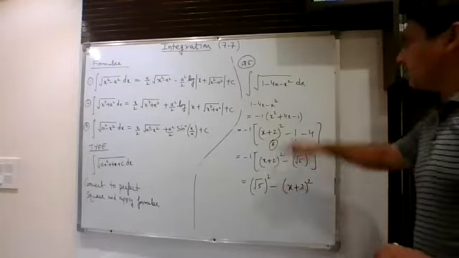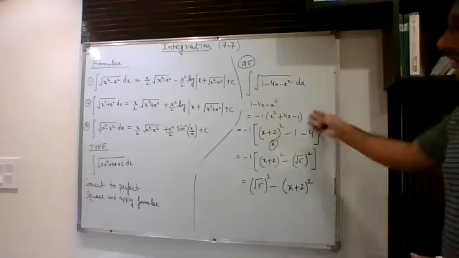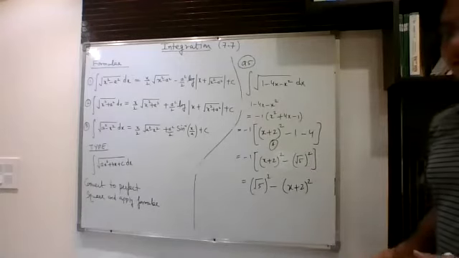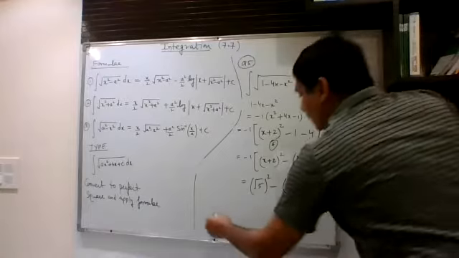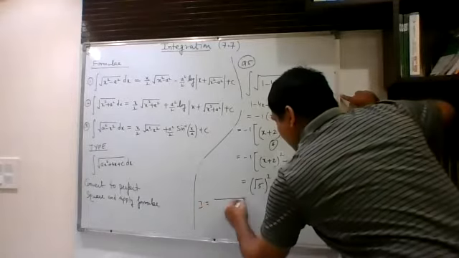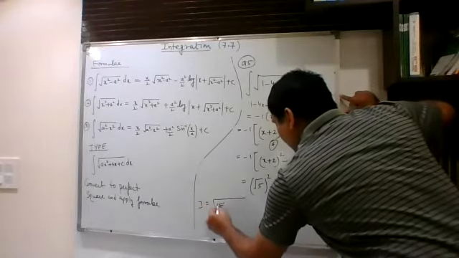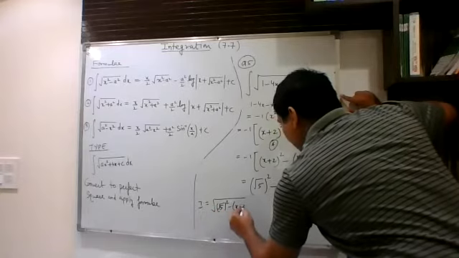Now substitute this in the main question and then apply formula number 3 because it is under the root of a square minus x square. So you can see that it is under the root of 5 square minus x plus 2 whole square.